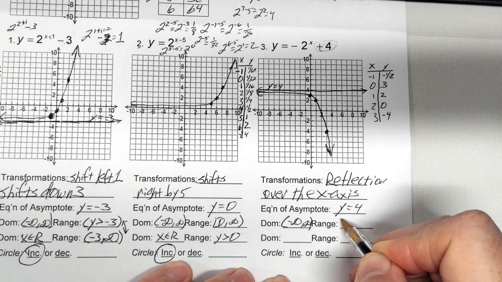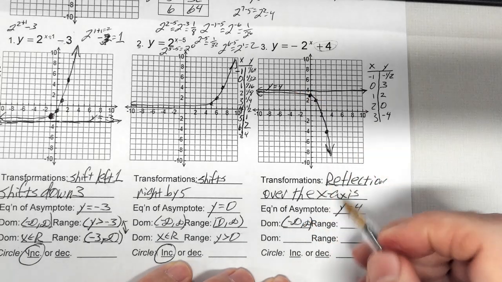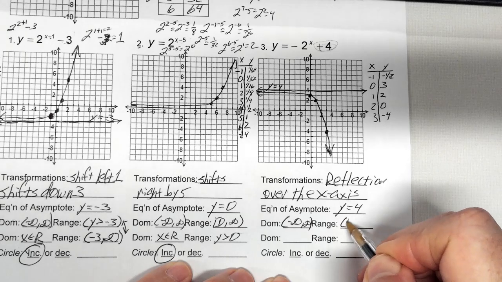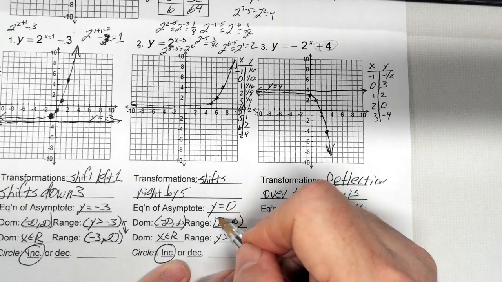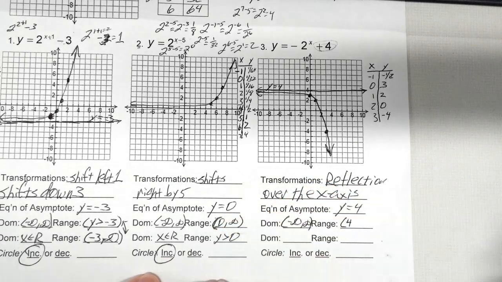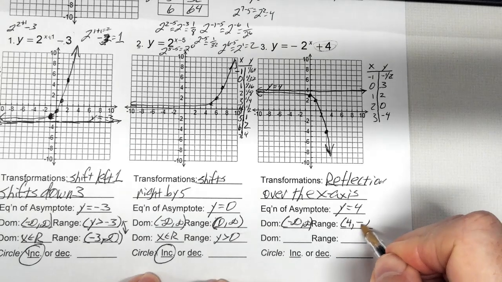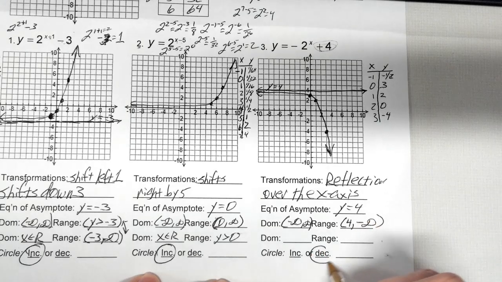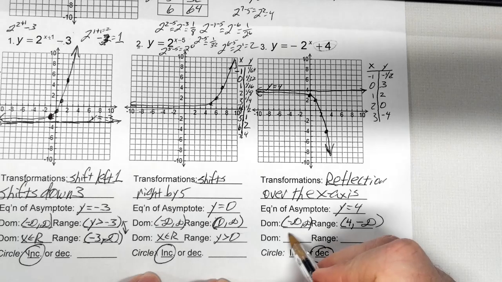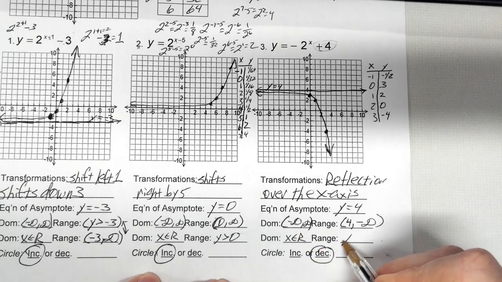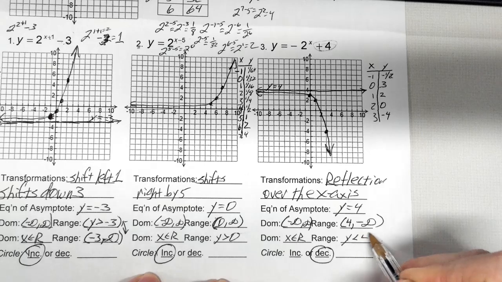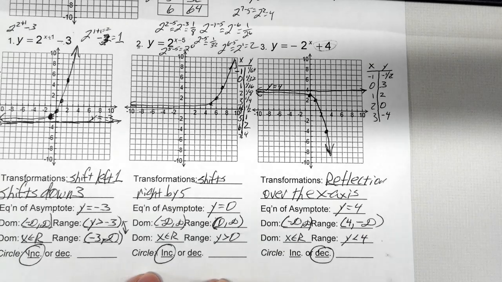Range is going to be from 4, notice that's parentheses, and this should be parentheses as well, by the way, down to negative infinity, so this is decreasing. And then x is in the set of all reals, y is going to be less than 4.